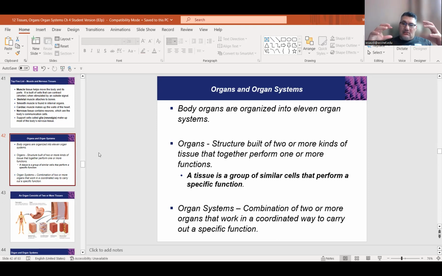And then when you put a combination of two or more organs together, coordinating and doing a specific job, we call that the organ system. So we finished the tissues. Combination doesn't mean the same tissues. No, combination, different types. When you put them together, that's going to make an organ. When you put two or more organs together, that will make the organ system.